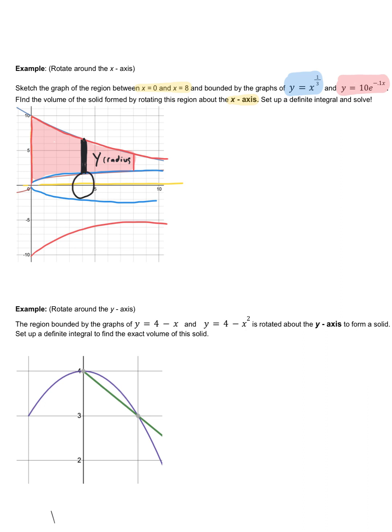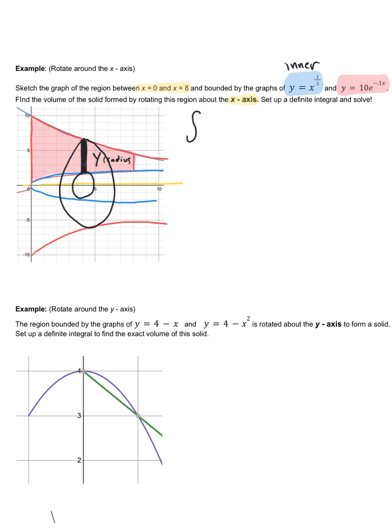So our inner function is right here, the inner function closest to the axis of rotation. And then up here at the top of the rectangle, that is on our decreasing exponential function. So that is the farthest away from the axis of rotation, so that is our outer ring. You can kind of visualize that rotation turning into a three-dimensional solid for volume.